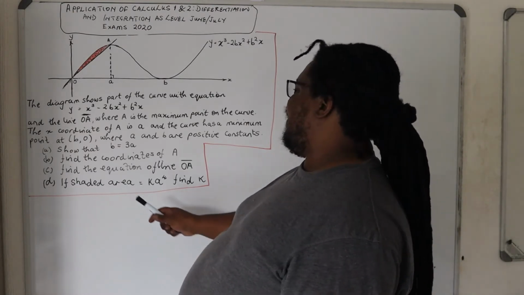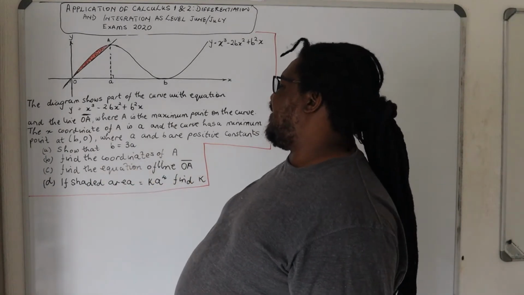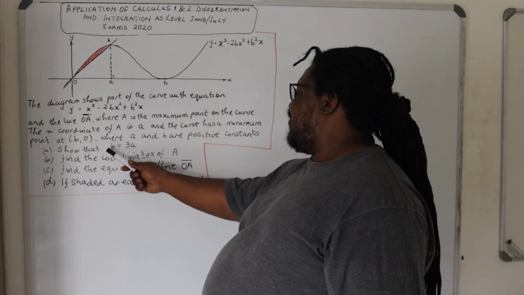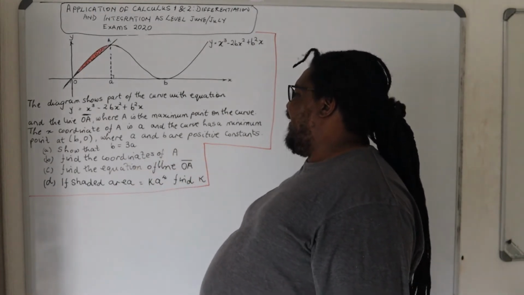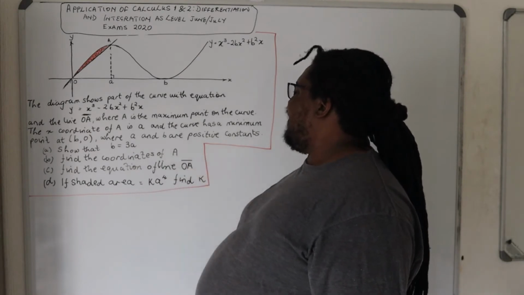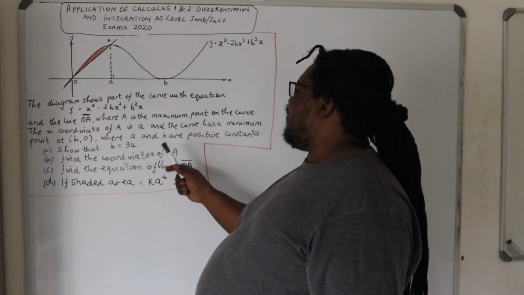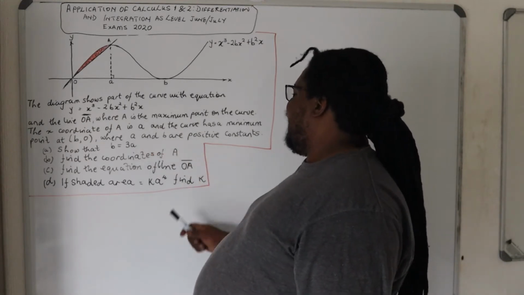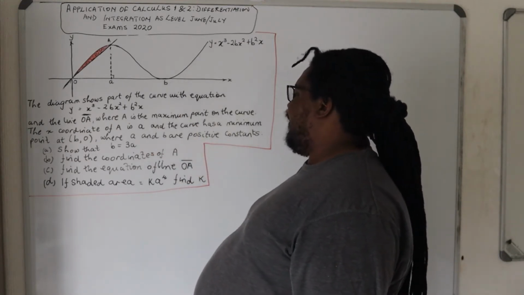So the question has got 4 parts, a, b, c, and d. Part a says show that b is equal to 3a, and part b says find the coordinates of A. We already know that the x-coordinate of A is equal to small letter a, so we need to find y.